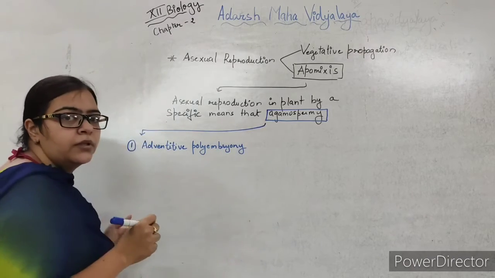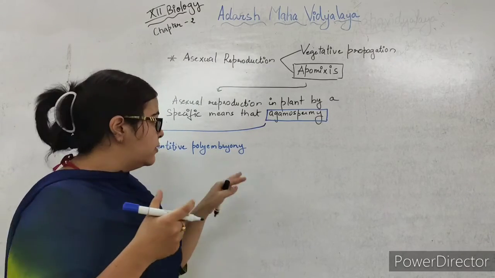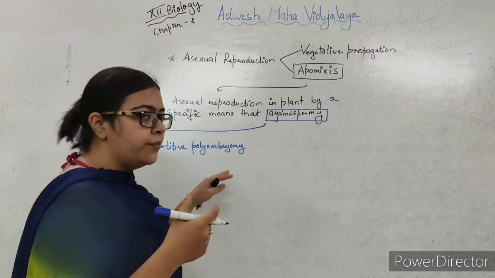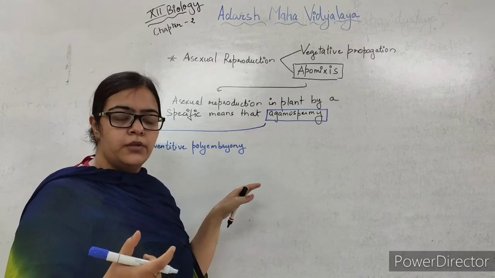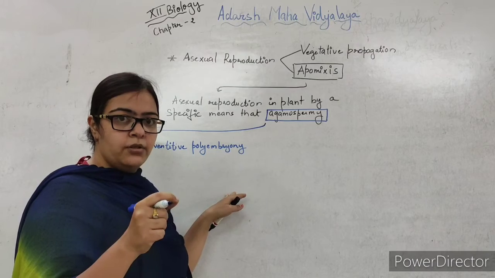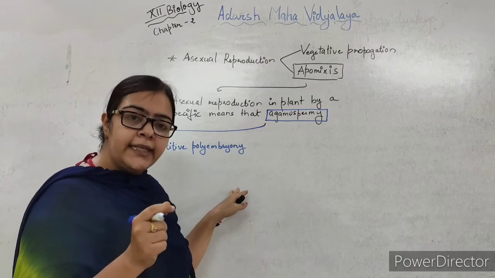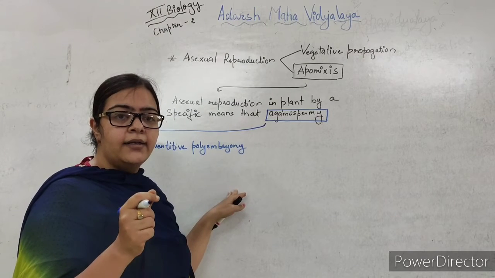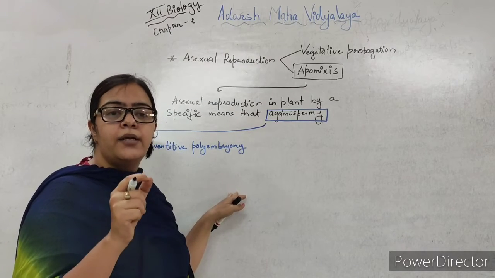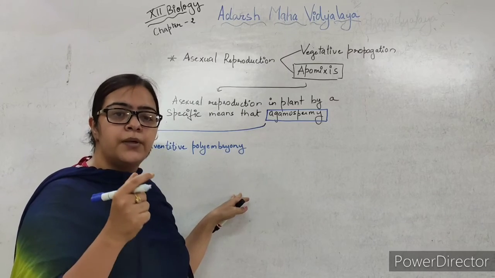What does that mean? Polyembryony. You can see from the word that polyembryony means many embryos will be formed. So when embryo develops without fertilization from diploid cells of nucellus or integuments, we say that this is adventive polyembryony, and this is a type of agamospermy.